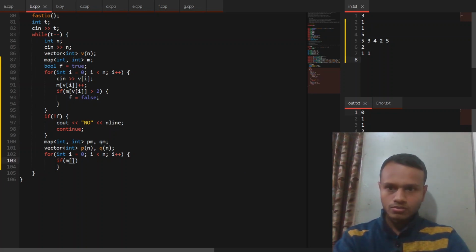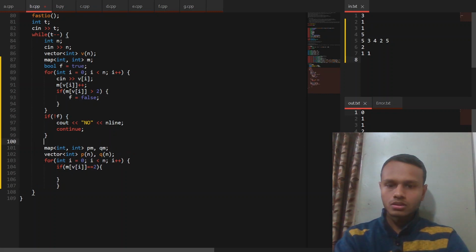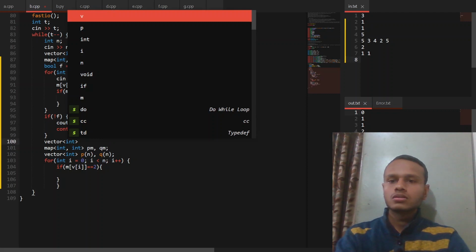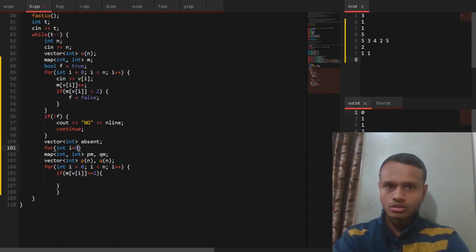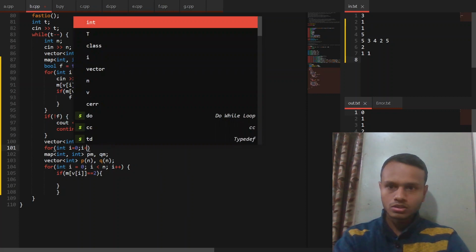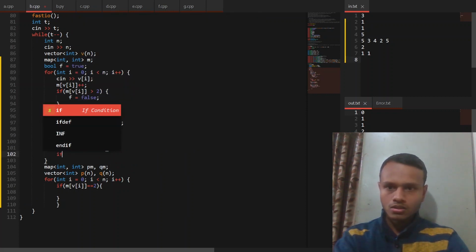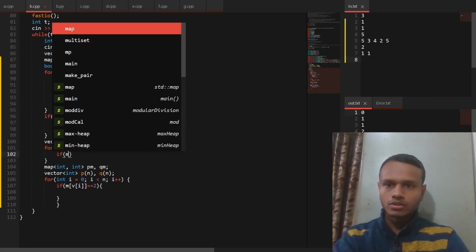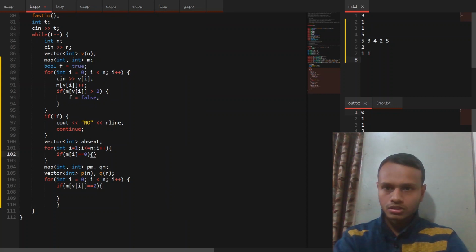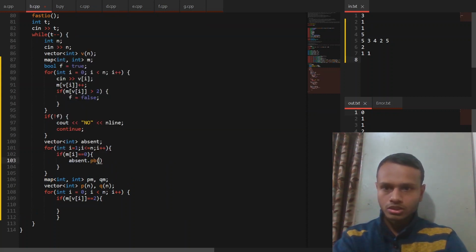So if m of v of i is 2, I should also create a vector, let's call it absent, so these elements will not be the maximum ones in any case, or it should go from this to this. So if m of i is 0, then just push it in absent.